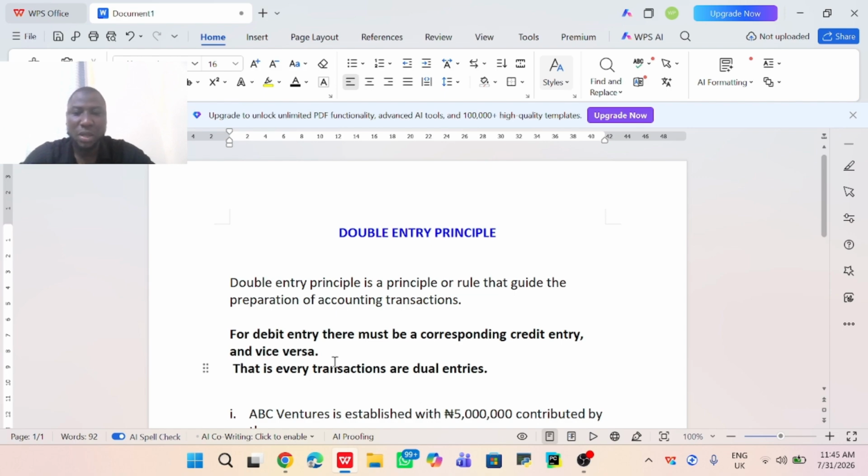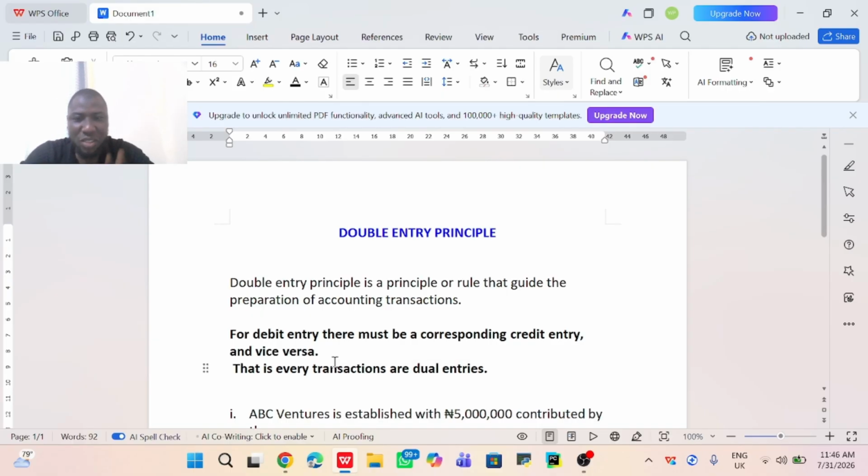Let me make it simple. Let's say car account and cash account. The money that Ade gives out, which is 500,000 naira cash, will be credited. And the car that Ade received, worth 500,000 naira, will be debited.